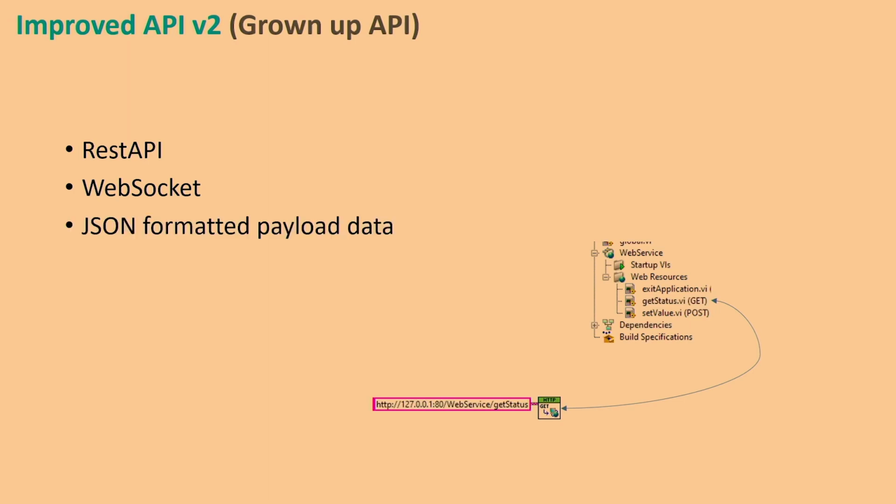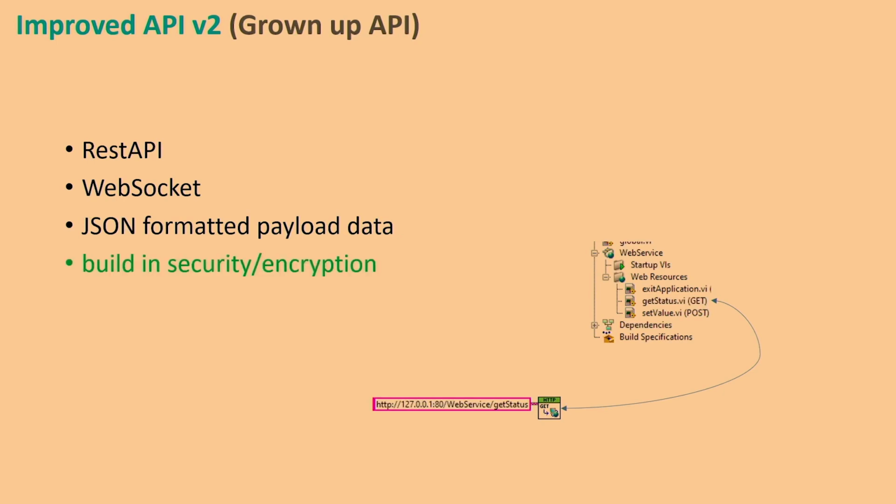We also started to use standard formats for the payload. Instead of parsing strings in our application, we decided to go for a JSON format, which is very easily parsable in LabVIEW. You have built-in functions that allow you to get the data from the JSON string.